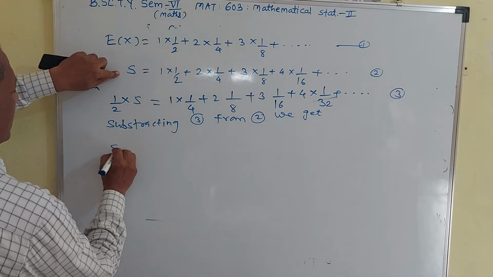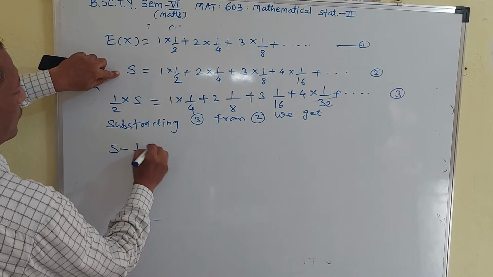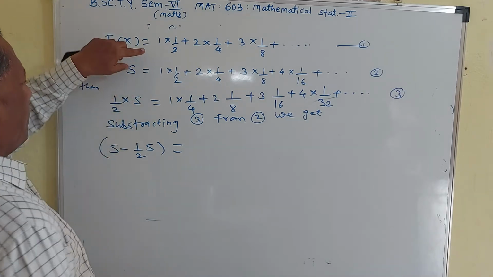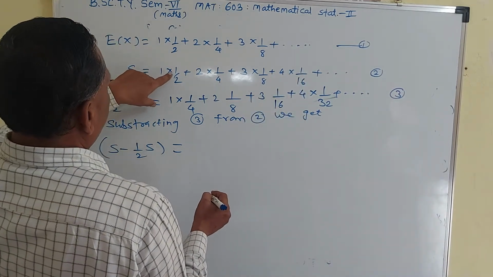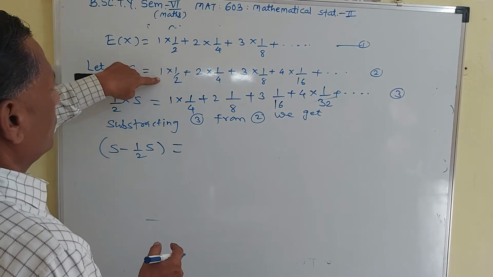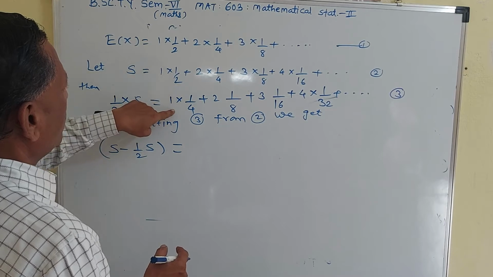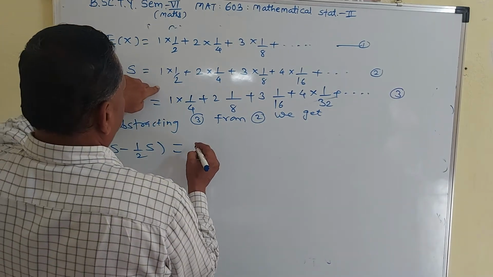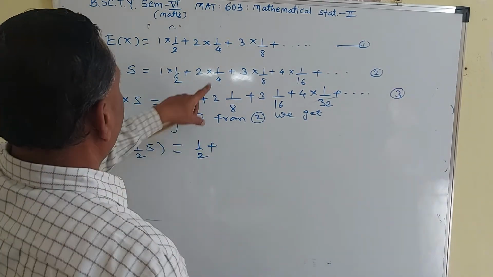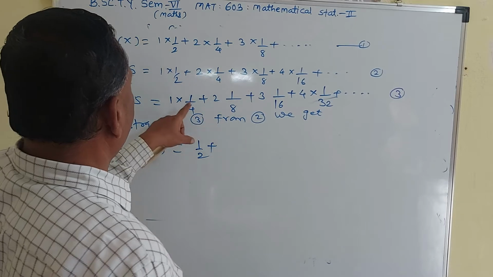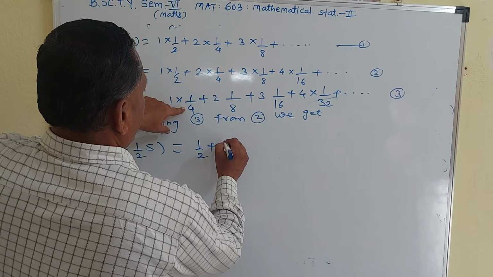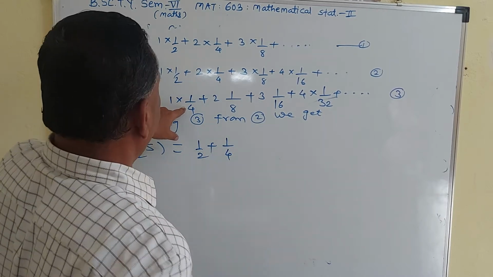Here S minus 1 by 2 into S is equal to, here 1 by 2, you are going to subtract 3 from 2. Therefore, 1, here no term of 1 by 2, so 1 minus 0 means 1. 1 into 1 by 2 means 1 by 2. Then plus, here 2 into 1 by 4 minus 1 into 1 by 4: 1 by 4 common, 2 minus 1 is 1, so plus 1 by 4.